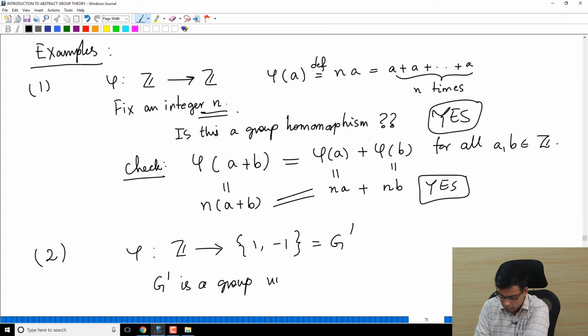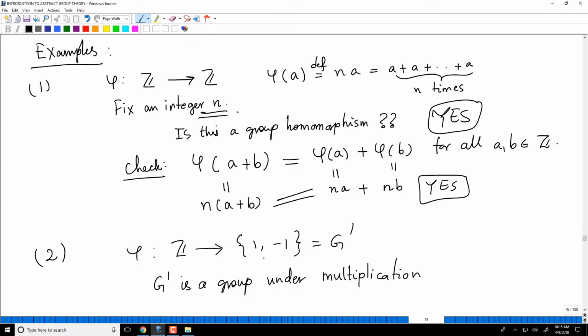It is under our usual multiplication, because 1 is the identity element, and minus 1 is the second element. Minus 1 squared is 1, minus 1 times 1 is minus 1, and so on.